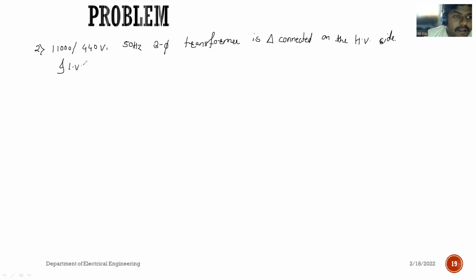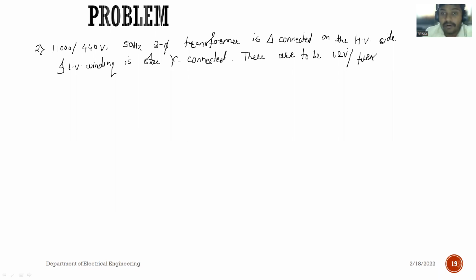And LV winding is star connected. Now there are to be 12 volt per turn.